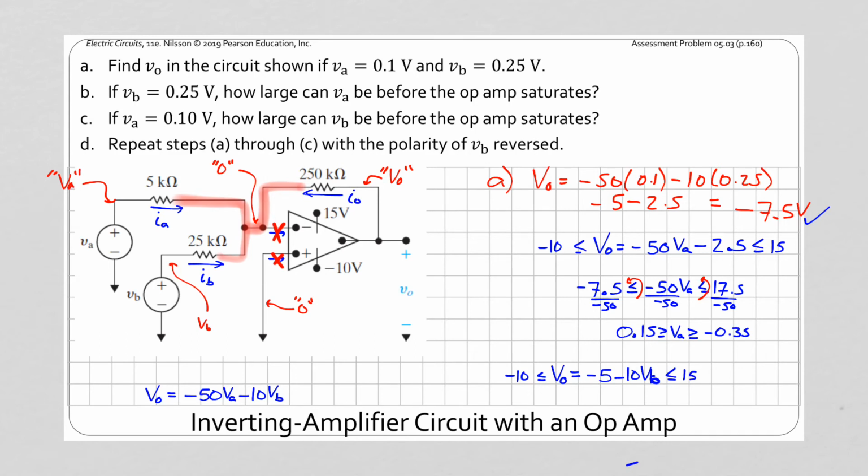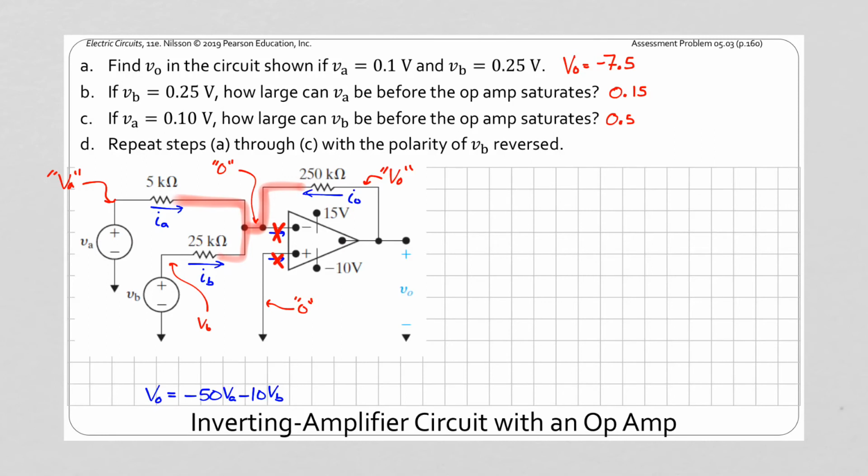And so here, I have a range of values for VB. If I want to know how large VB can be, that's the top end of this range. That would be 0.5 in that case.